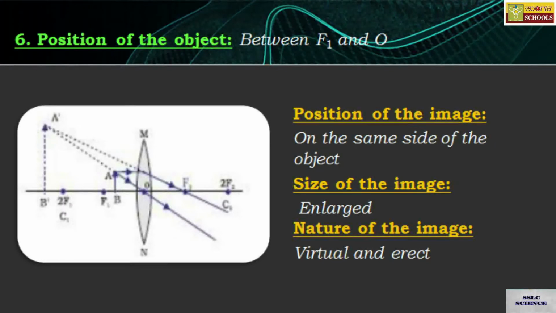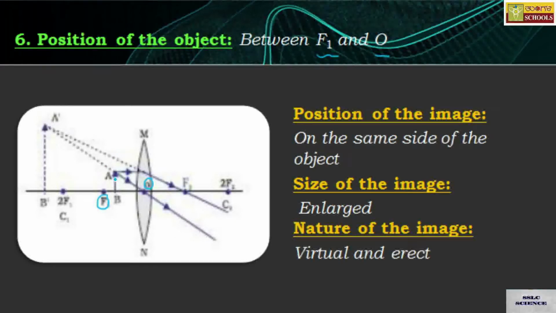Now, what we are doing, we are bringing the object between F1 and O. So we are placing the object between the first principal focus F1 and the optical center O. So what will it do now?